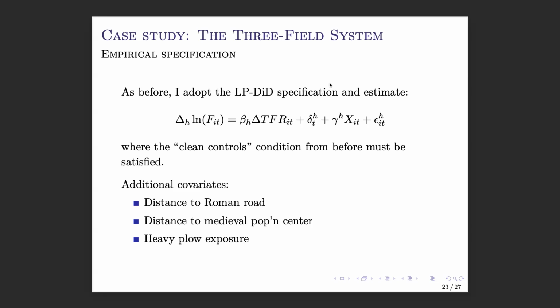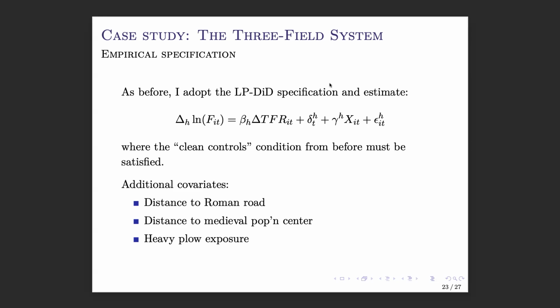Also, heavy plow exposure. There's a nice paper in the Journal of Development Economics, I think, that thinks about the effect of heavy plow exposure, which is an innovation that comes about at about the same time as the three-field system. They think about that in the context of economic development, but they propose a way of measuring this regionally.